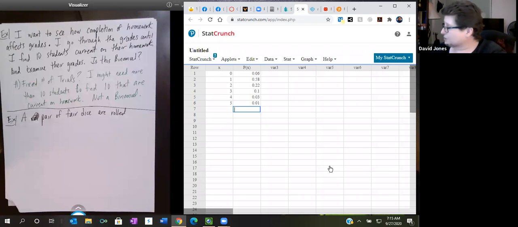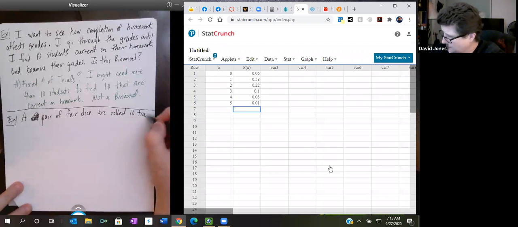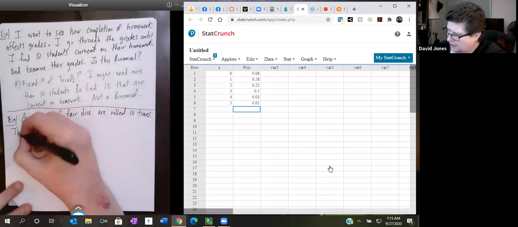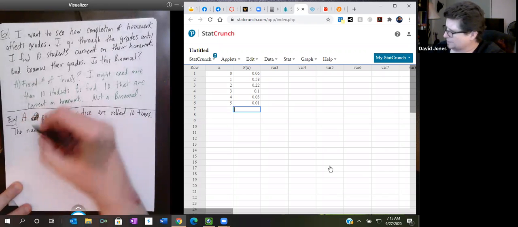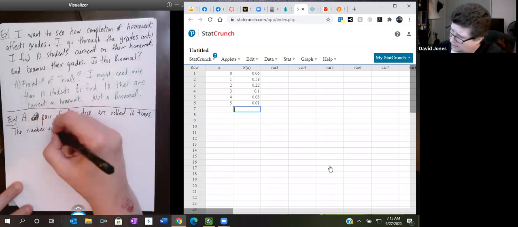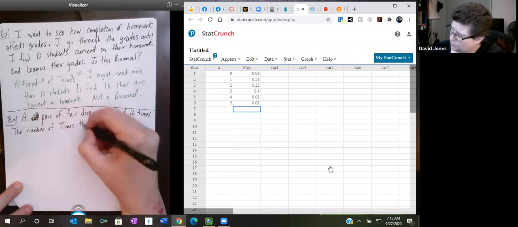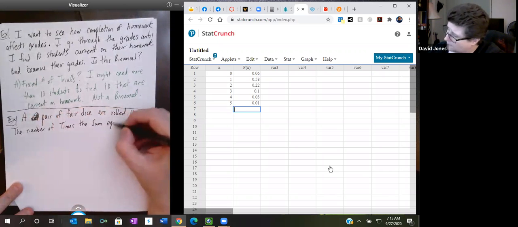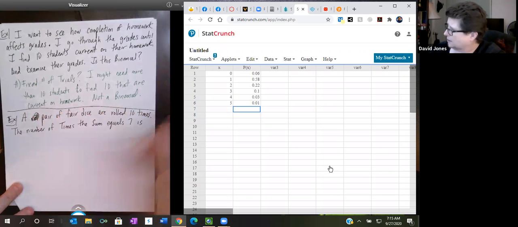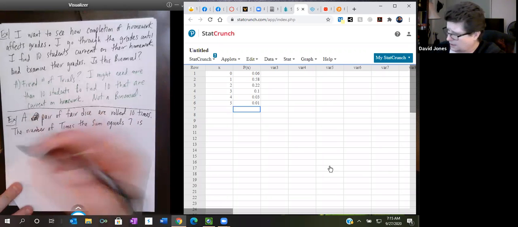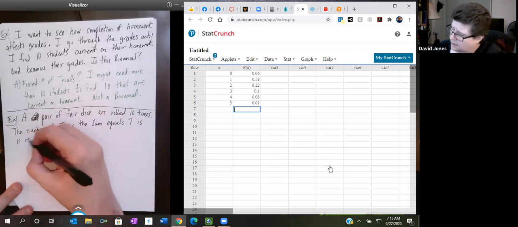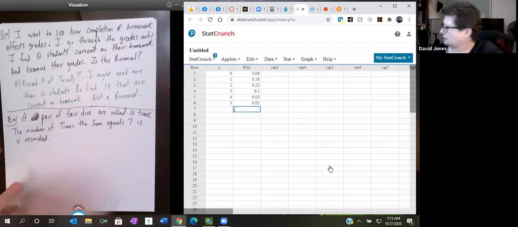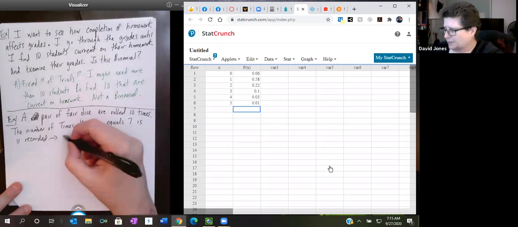A pair of fair dice are rolled 10 times. The number of times the sum equals 7 is recorded, i.e., that's my random variable.